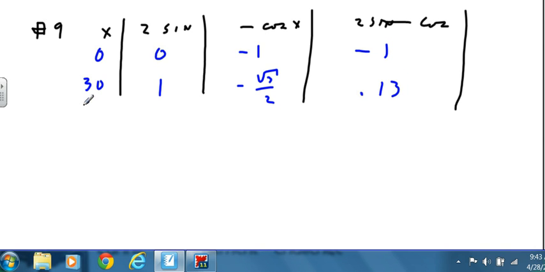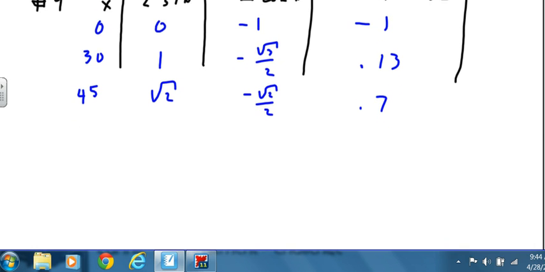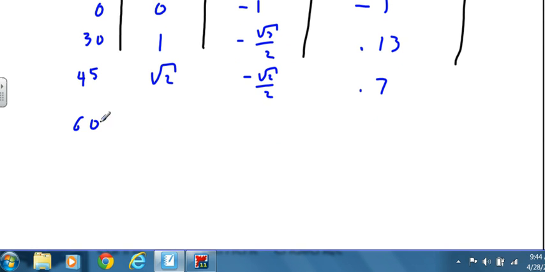0.13. And then we'll look at 45 degrees. This will be the square root of 2. This will be minus the square root of 2 over 2. Okay, so that'd be 0.7. And then we'll look at 60 degrees. This will be the square root of 3, and this will be minus a half.